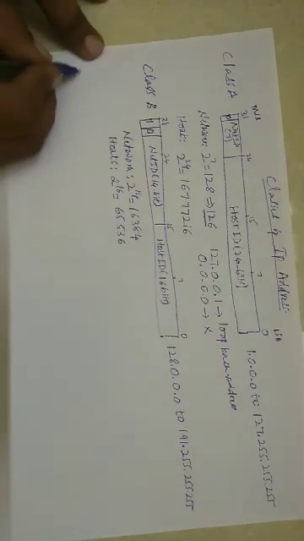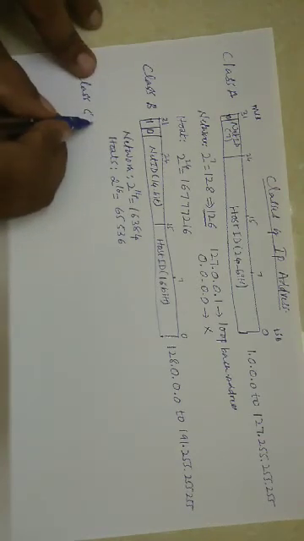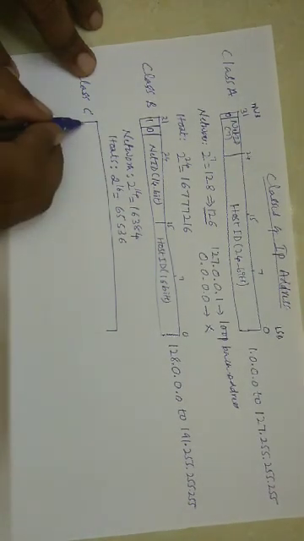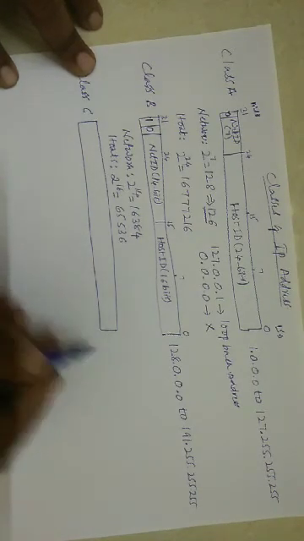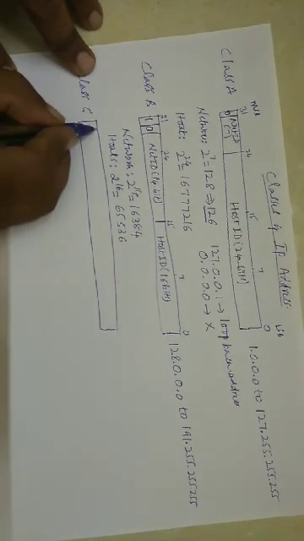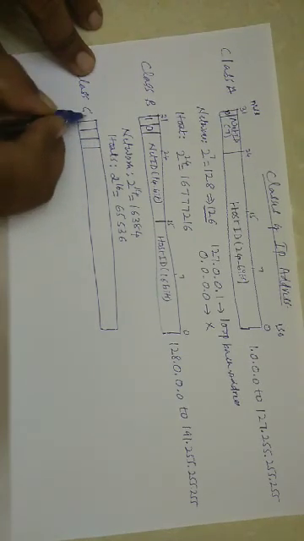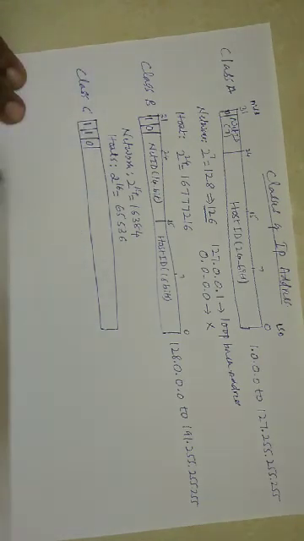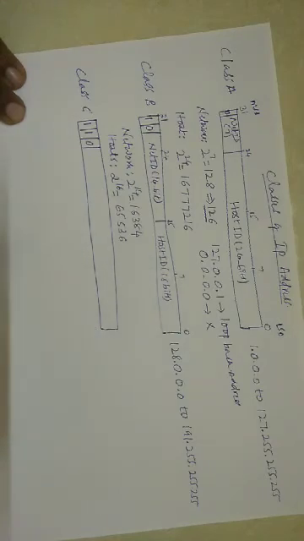Next is the class C IP address. In class C we use 3 bits for class identification, that is 110, and the remaining 29 bits for host ID and net ID.